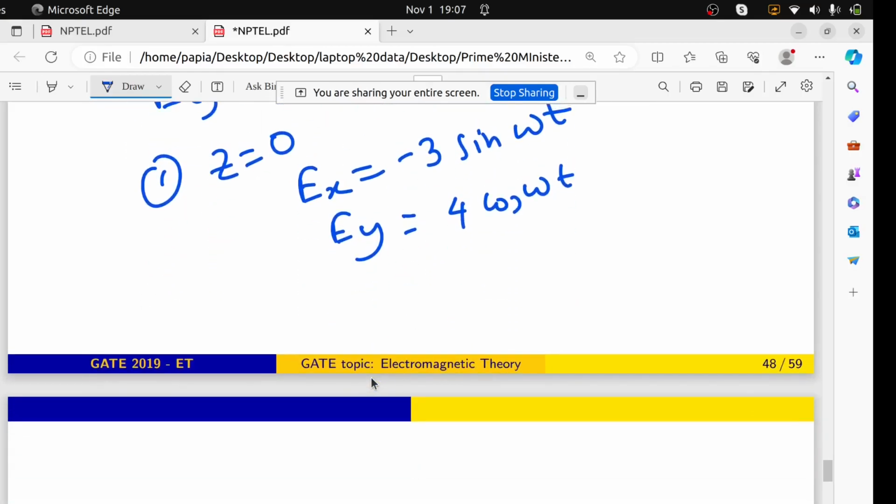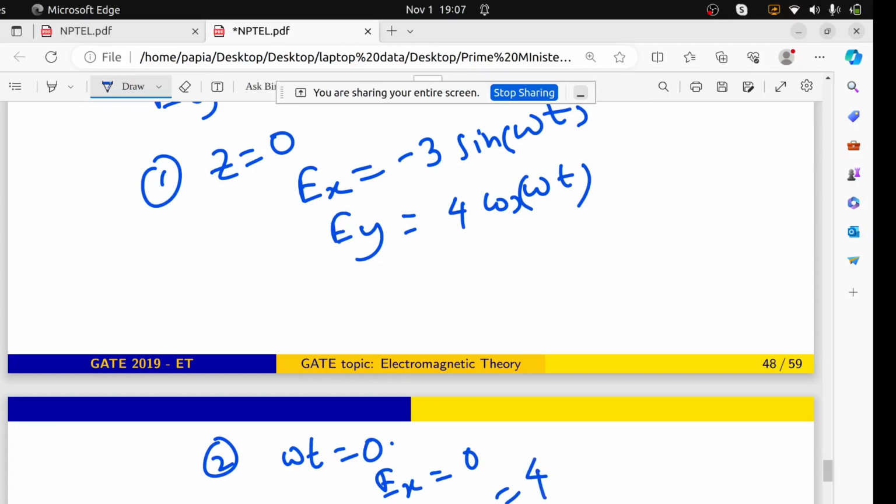Now let us write a second condition. I am putting ωt equals 0. Then Ex is 3 sin of kz, ωt is 0, so 0. And Ey is 4. Okay, I am just writing the mathematics right now.